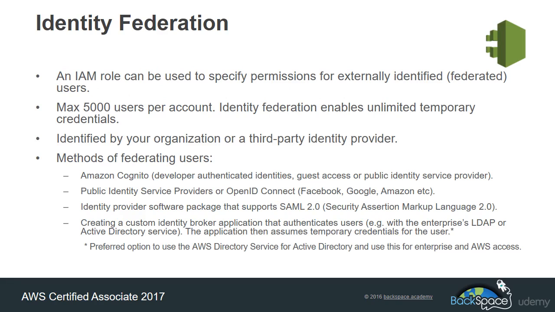Identity federation: we can use an IAM role to specify permissions for externally identified or federated users. What that means is that we can build a trust relationship between a service that is external from AWS and AWS.